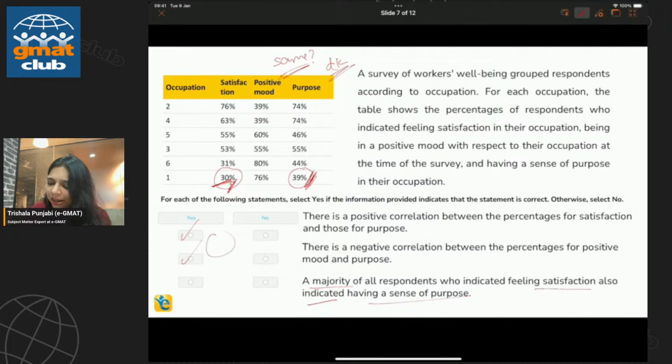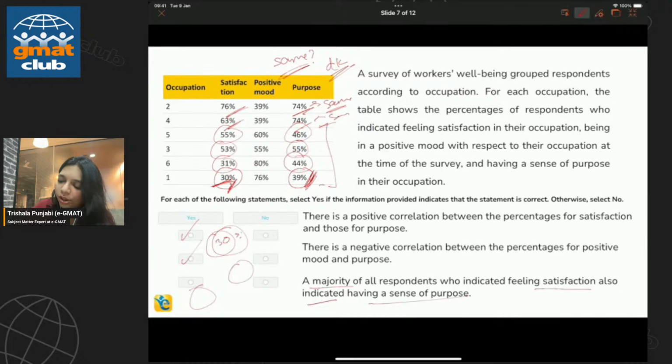They could be the same people, or they could be completely different people. But we don't know. How can we make that inference? Again, here also 31, 44, they're different. 53, 55, they could be separate 50% people. 55, 46, different. 76, 74, here there are chances that they could be similar people.